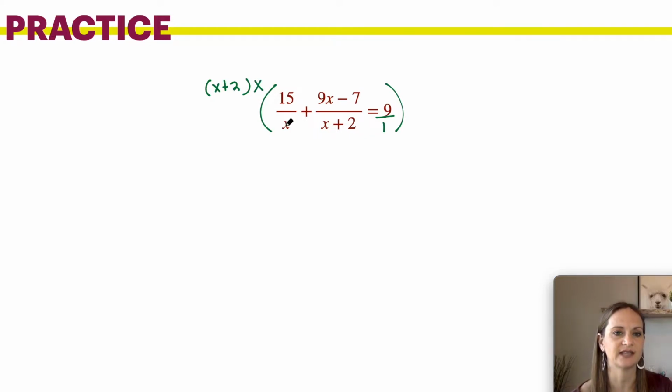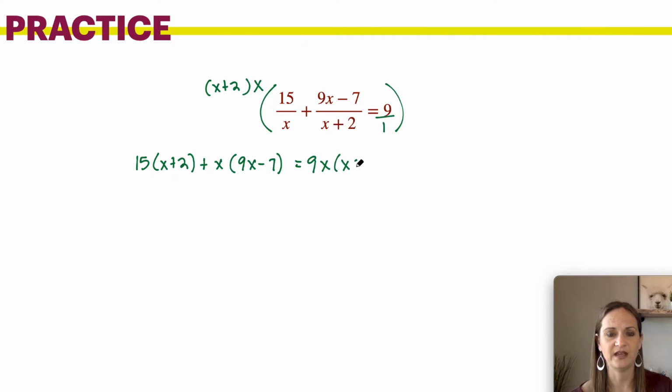The x and x cancel, leaving me the 15 and the x plus 2. In this case, the x plus 2 and x plus 2 cancel, leaving me the x times 9x minus 7. Here, nothing canceled with the denominator, leaving me the 9 times the entire thing.